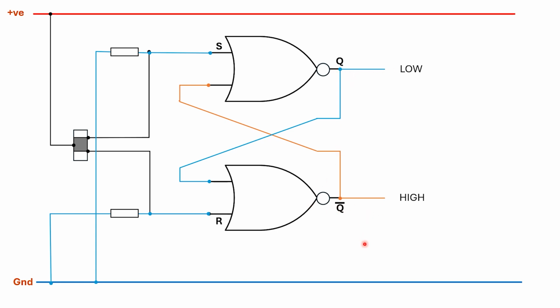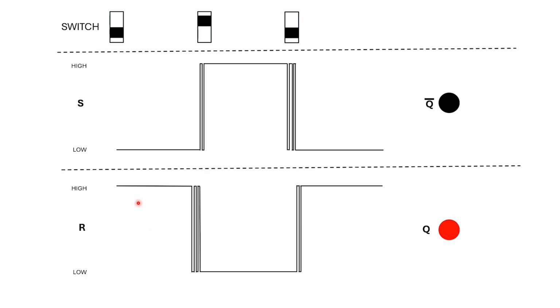Let's look at our switching sequence once more and see what difference this makes to our bouncing problem. We start with the switch in the lower position, meaning R input is high. So the LED connected to Q is lit and the LED connected to not Q is unlit. As we start to slide the switch, any bouncing on the switch terminal connected to R is not going to have any effect on the output states.